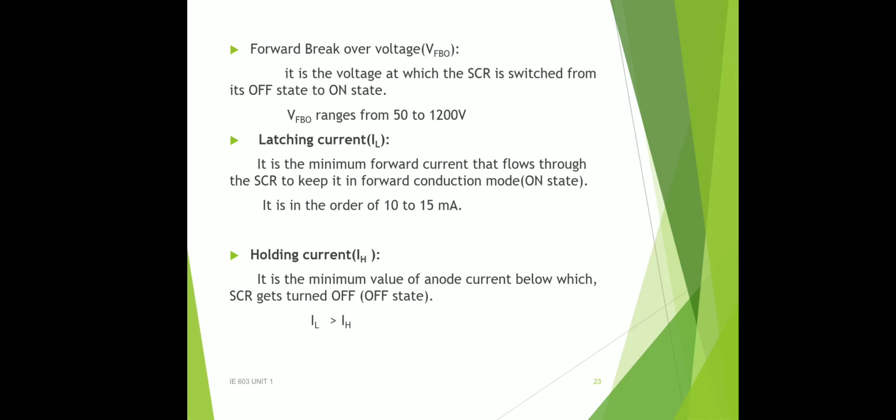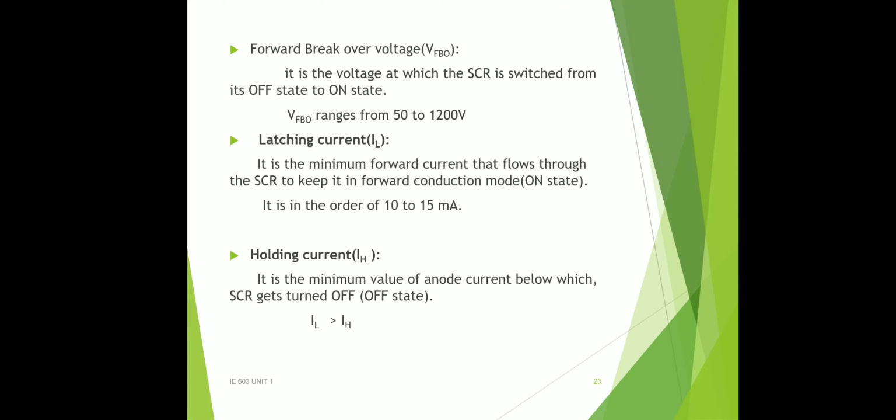Now we'll see the terms. Forward breakover voltage. What is forward breakover voltage? It is the voltage at which the SCR is switched from its off state to on state. Whenever the anode to cathode voltage reaches its forward breakover voltage, then immediately the SCR comes into the on state.